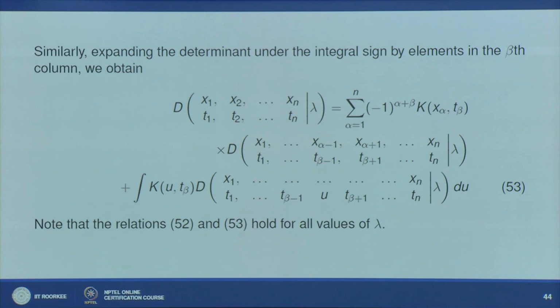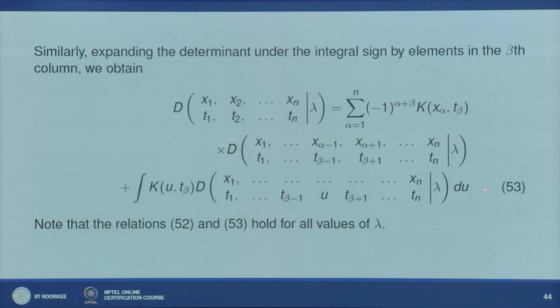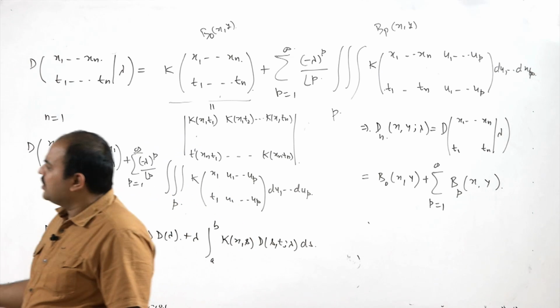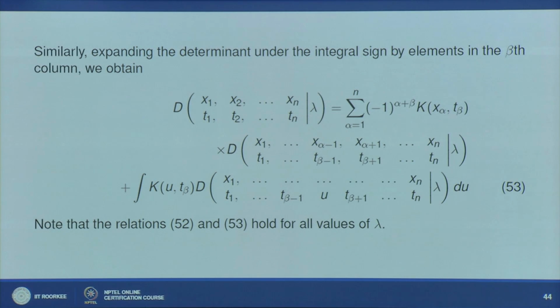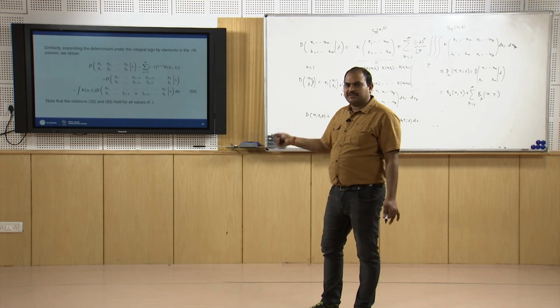Here, equation number 52 and equation number 53 are integral equations similar to the integral equation satisfied by D x t lambda. We try to see that equations 52 and 53 will give you some method to find the solution when D lambda is equal to 0.